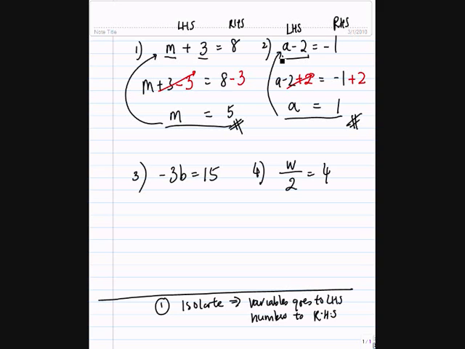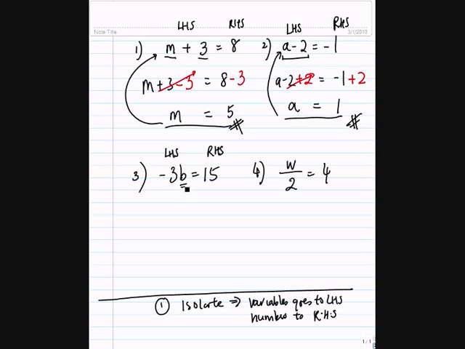Okay, let's take a look at question 3. In this case, on the left hand side of the equation we have a variable. On the right hand side we have the numbers. So the variable is already on the left hand side, the number is on the right hand side. Remember, solving the equation, we need to find the value for the unknown b.